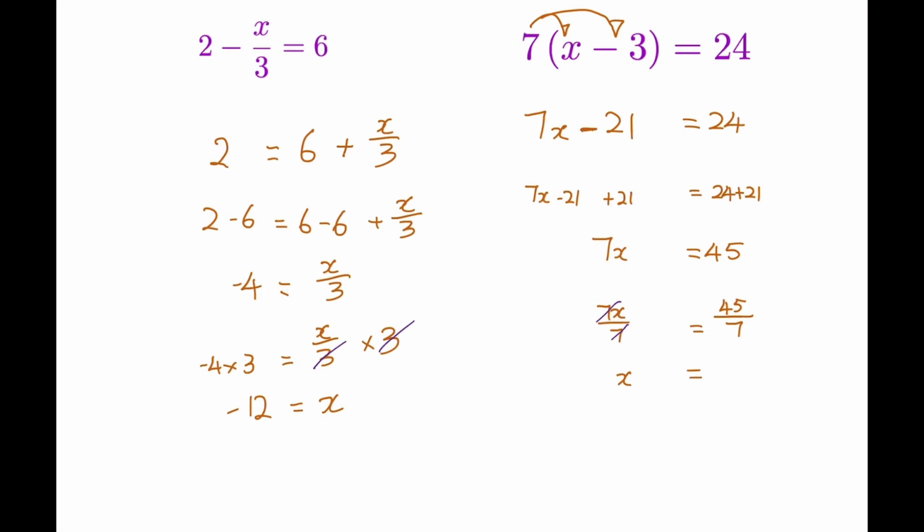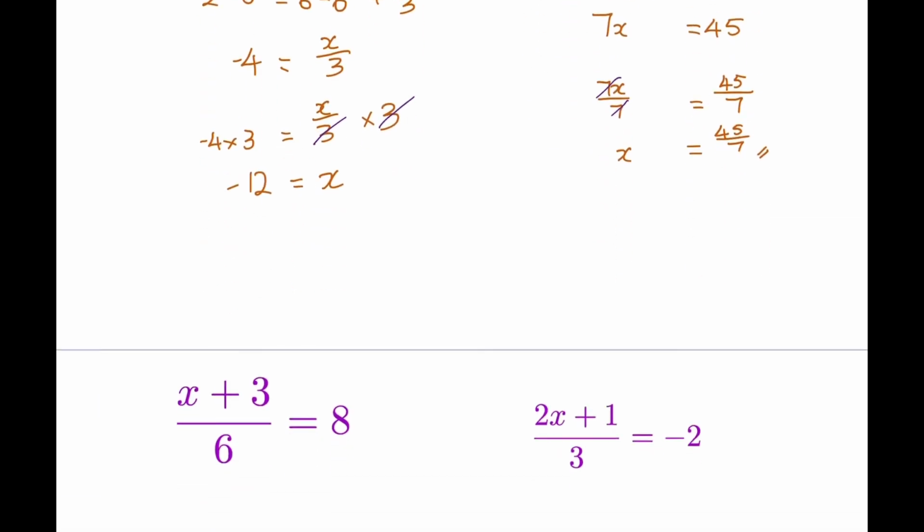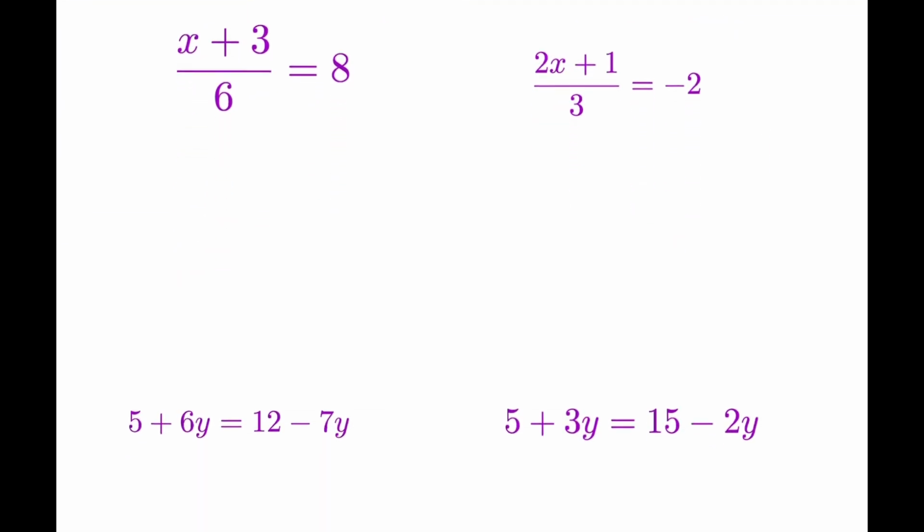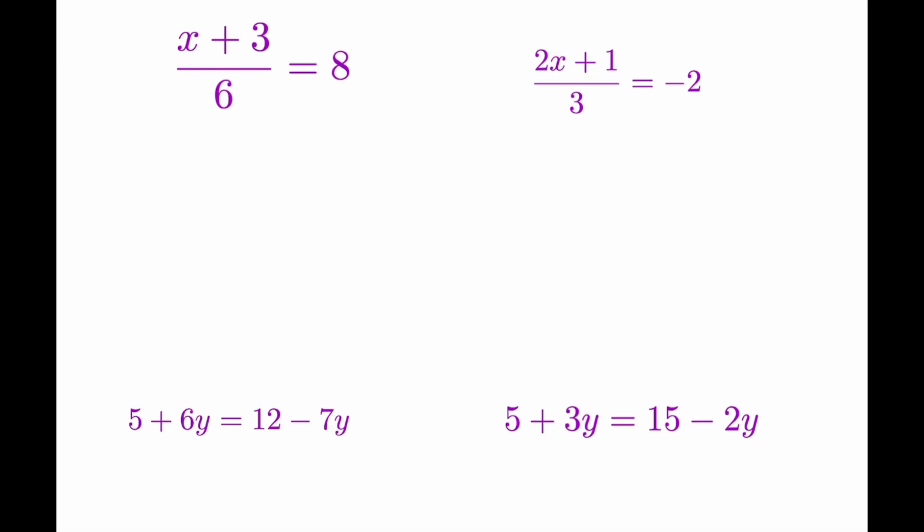On the other side, you don't get any whole answer, right? Because 7 times anything is not 45, so that could be your final answer. Okay, that's good. Let's keep moving. We still have a lot. So here, x plus 3 over 6 equals 8.